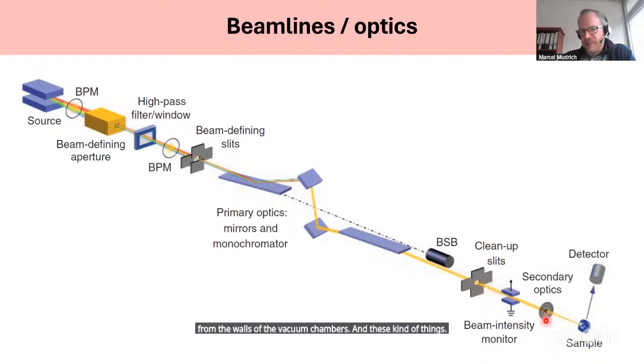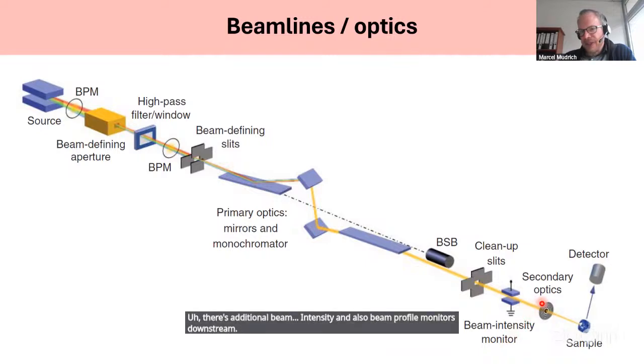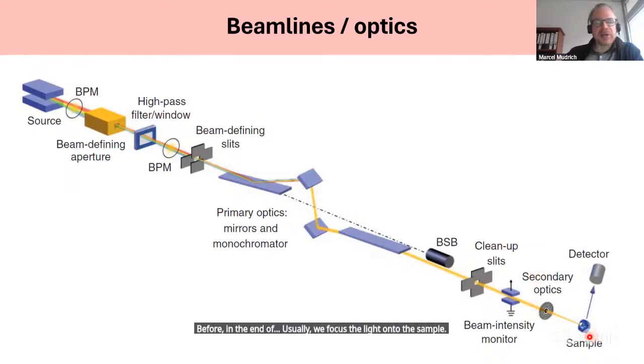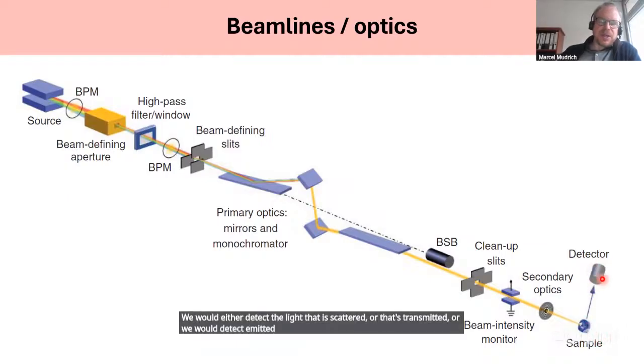There are additional beam intensity and also beam profile monitors downstream before, in the end, usually we focus the light onto the sample. And then depending on which technique is to be used, we would either detect the light that is scattered or that's transmitted, or we would detect emitted electrons, ions.